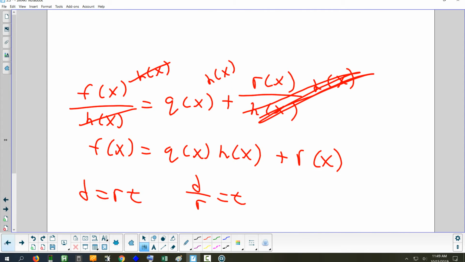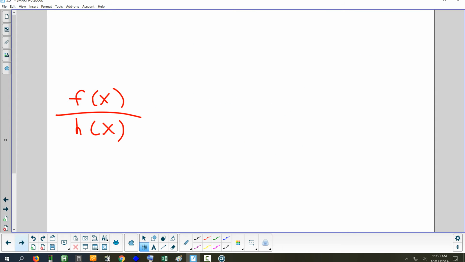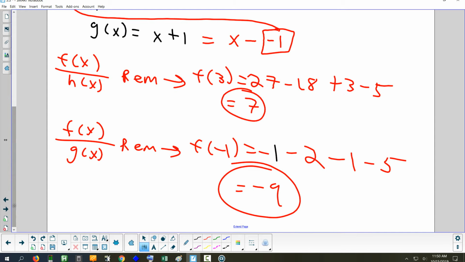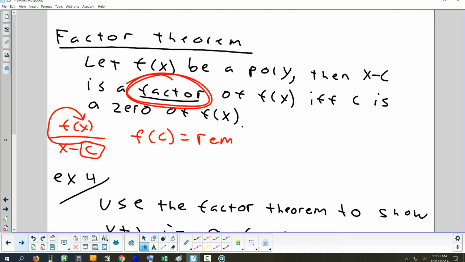Wherever we had the factor theorem, right here: if a number is a root, then x minus that number is a factor. That's very important. If a number is a 0, x minus that number is a factor.